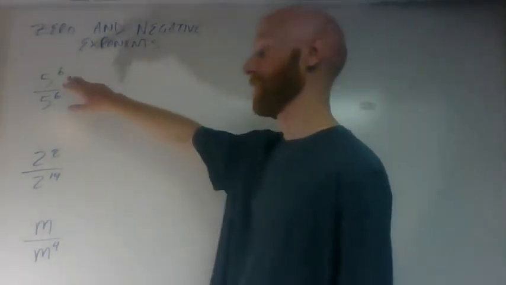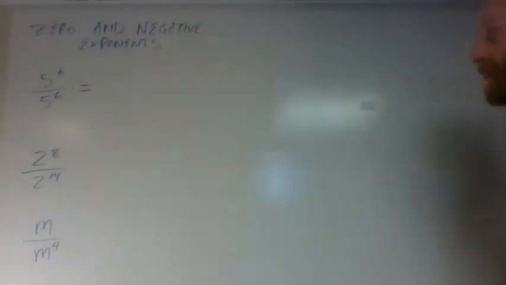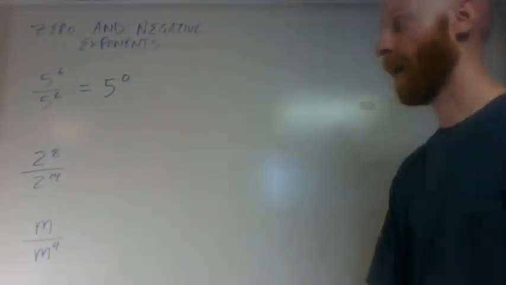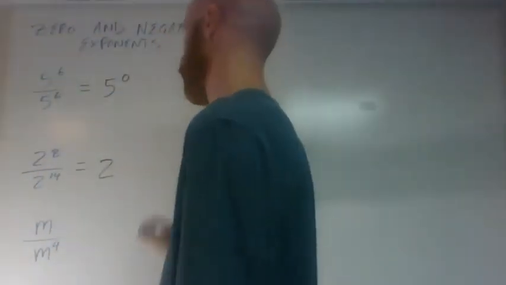All right, in this case, it's the same exponent as well, but same base, and we're dividing. Okay, and our rule is keep the base, subtract the exponents. All right, so this would be 5 to the 0 power. This guy here, 8 minus 14 is negative 6. And this guy here, remember, m by itself means the same as m to the first. So m, 1 minus 4 is negative 3.